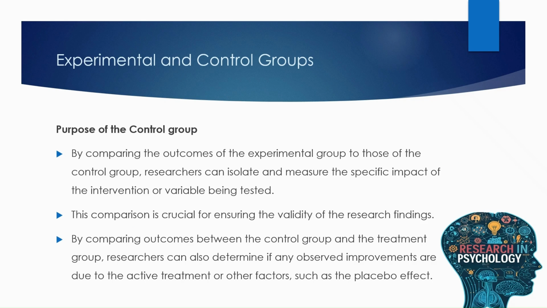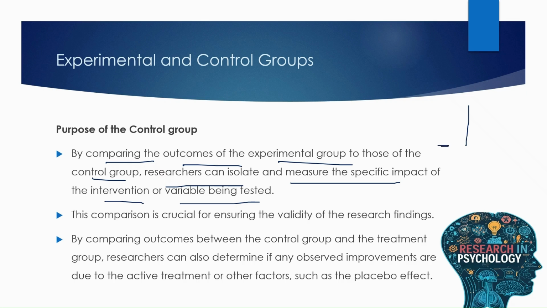Let's see what is the purpose of the control group. By comparing the outcomes of the experimental group to those of the control group, researchers can isolate and measure the specific impact of the intervention or variable being tested, right? We have discussed this. Control groups help us to determine whether the effect shown by the experimental group is solely because of the experimental treatment, right?